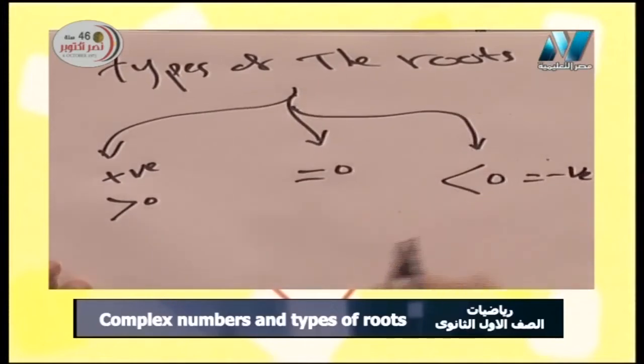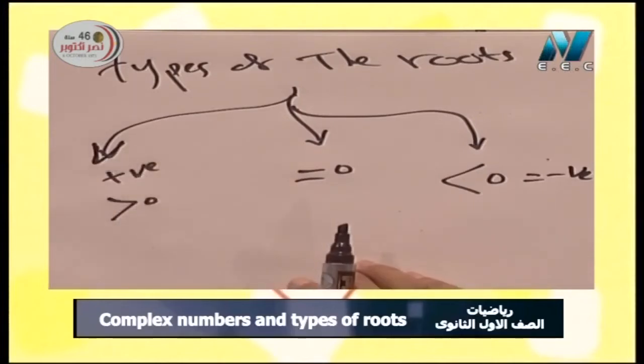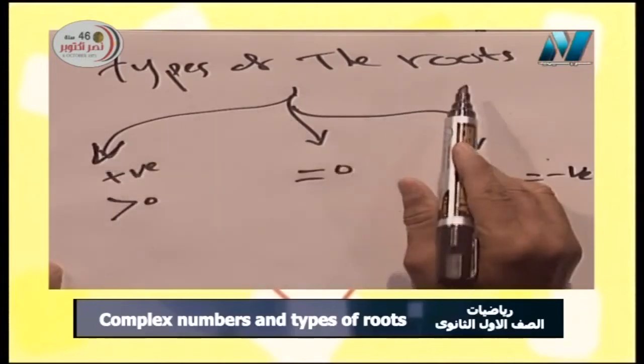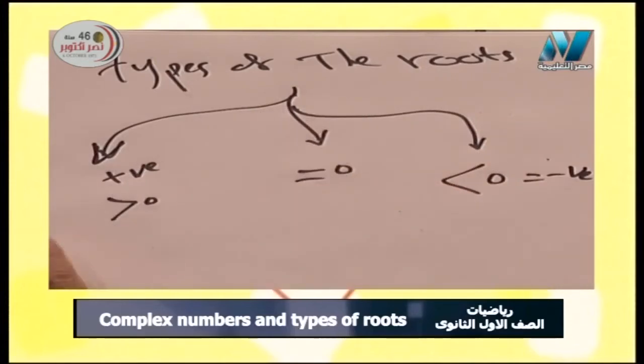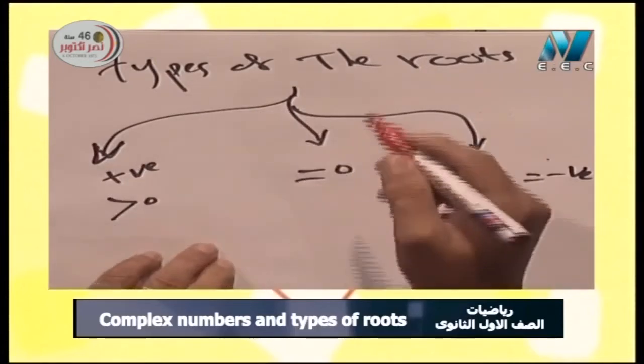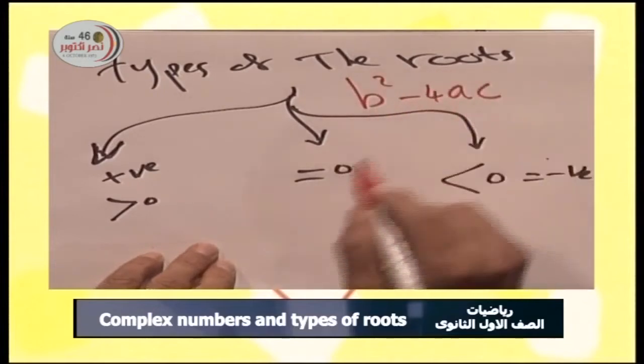What happens to the two roots? The two roots are connected with something called the discriminant. What is the discriminant? The discriminant is b power 2 minus 4ac.